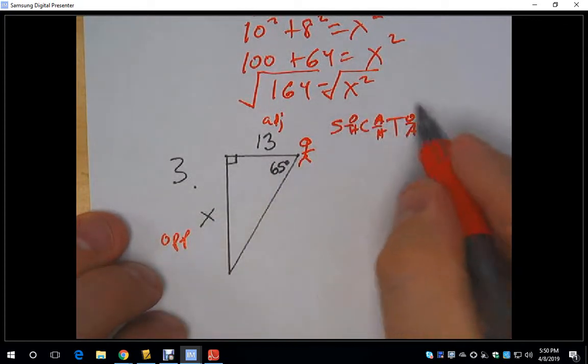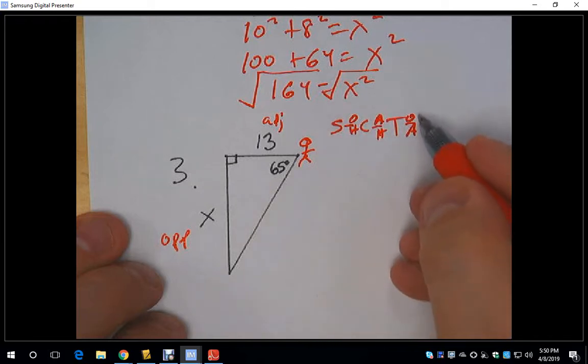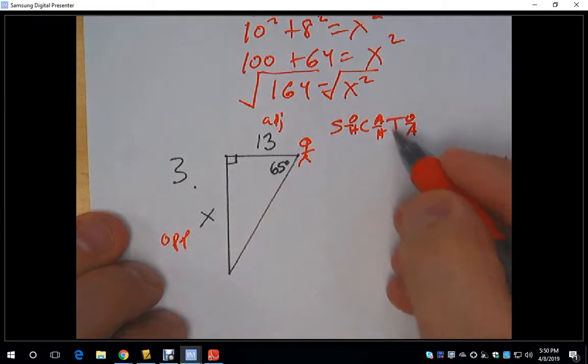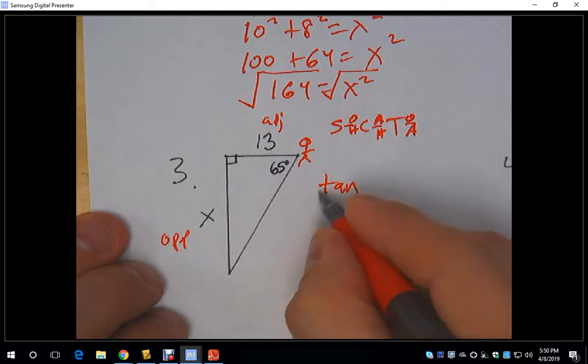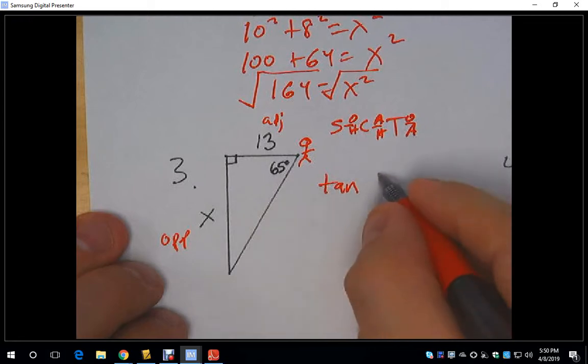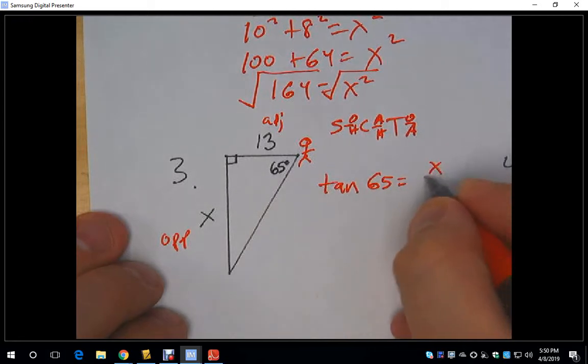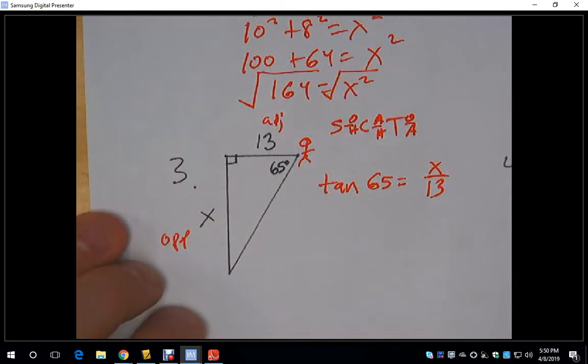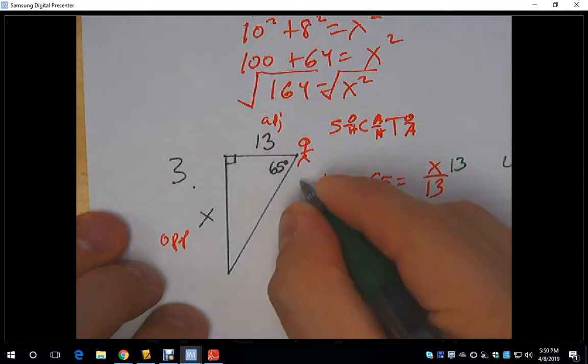Opposite over adjacent is tangent, so we should use tangent. I'm going to write tangent of 65 equals opposite x over 13. I'm going to multiply both sides by 13.